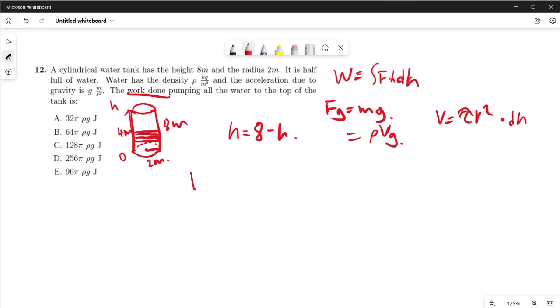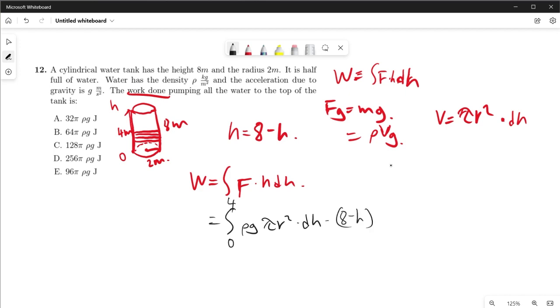We can plug back into the original. Right, we have F times h dh. Now since our water levels are from 0 to 4, that would be our integration limits. And then the force we have is rho g V, which is pi r squared times dh, and then we have to multiply by the distance, which would be 8 minus h, right?